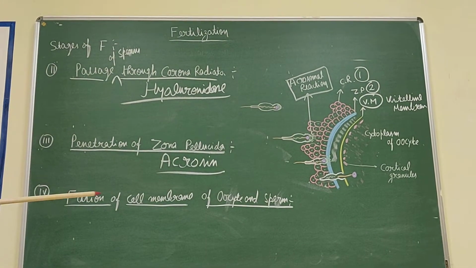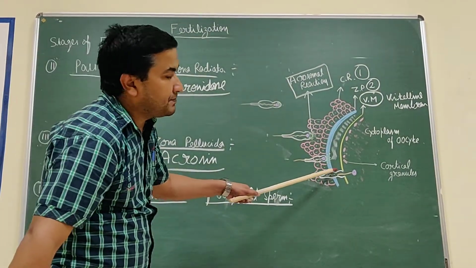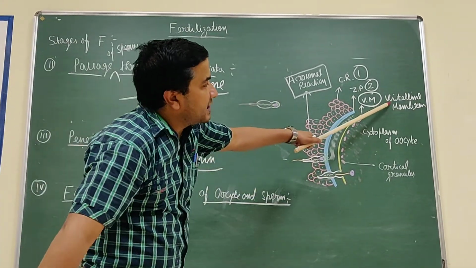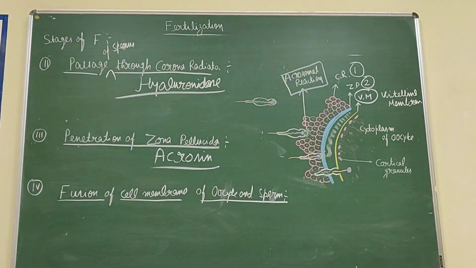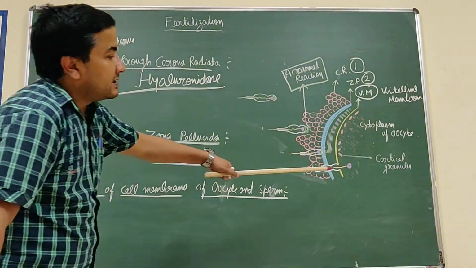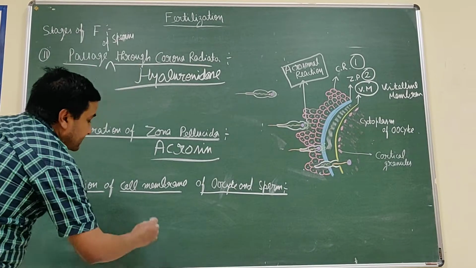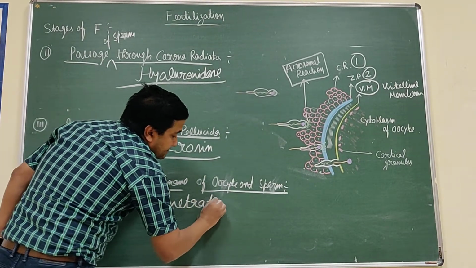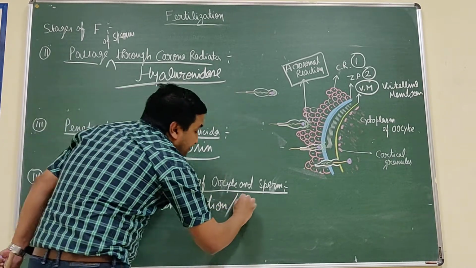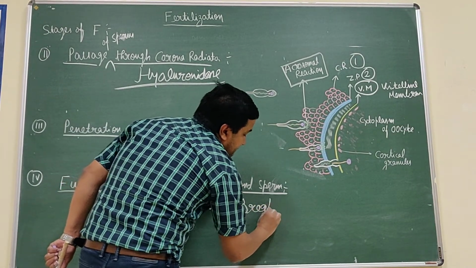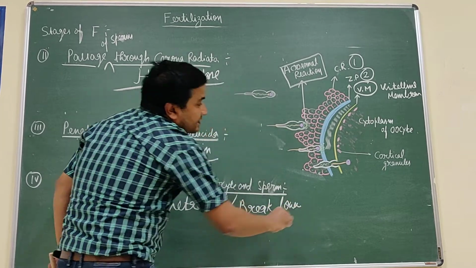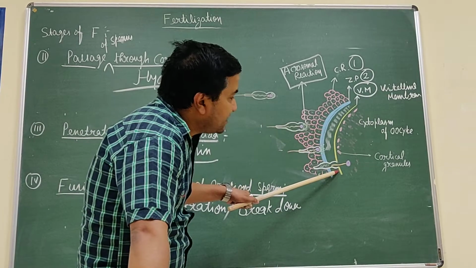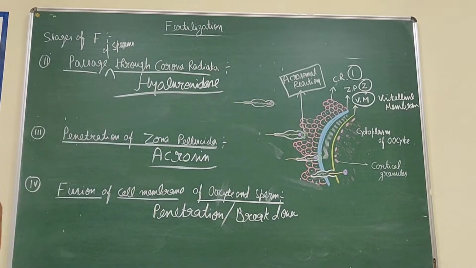The cell membrane or the plasma membrane of the sperm is fused with the vitelline membrane of the oocyte, and at the site of the fusion there is a penetration or breakdown in the vitelline membrane of the oocyte.